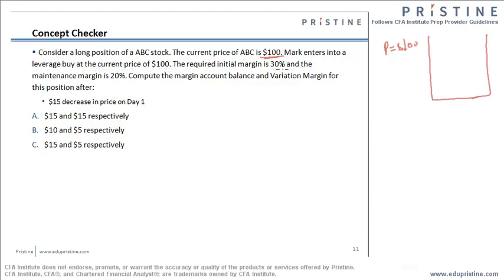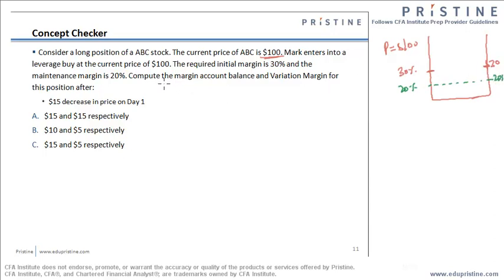The required initial margin is 30% and the maintenance margin is 20%. So the initial margin that Mark has to deposit is 30%, so it becomes $30, right? And the maintenance margin is 20%, which means $20.